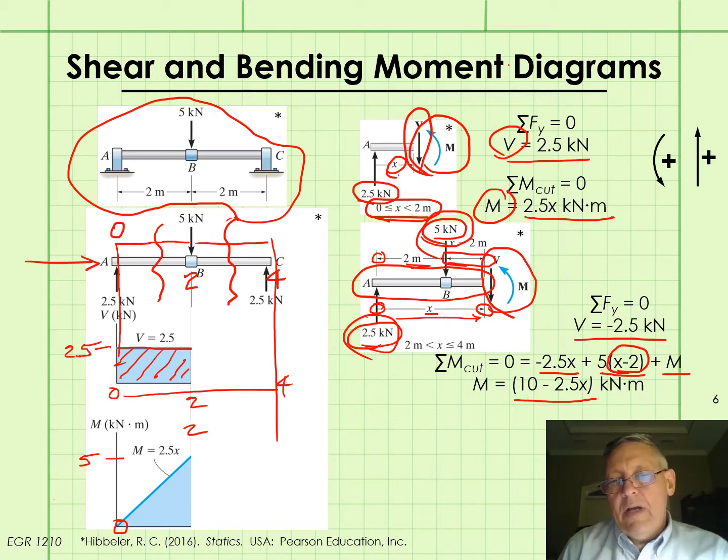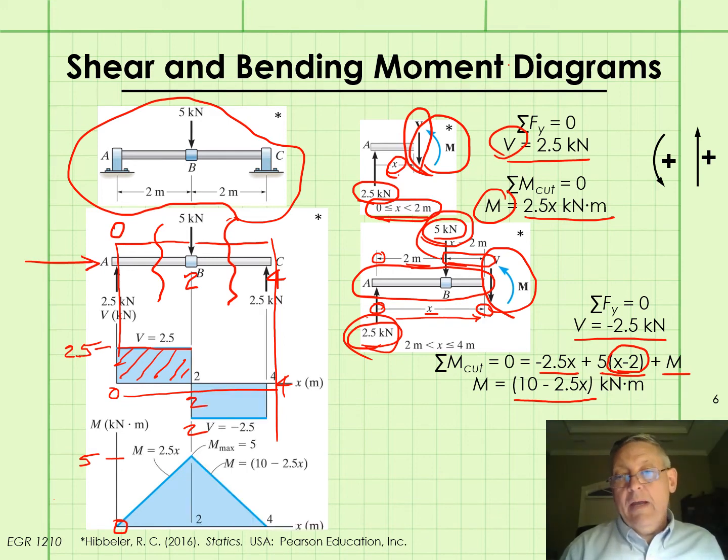So now we plot that, go back to our algebra skills. Let's look at the shear and the moment function plotted.